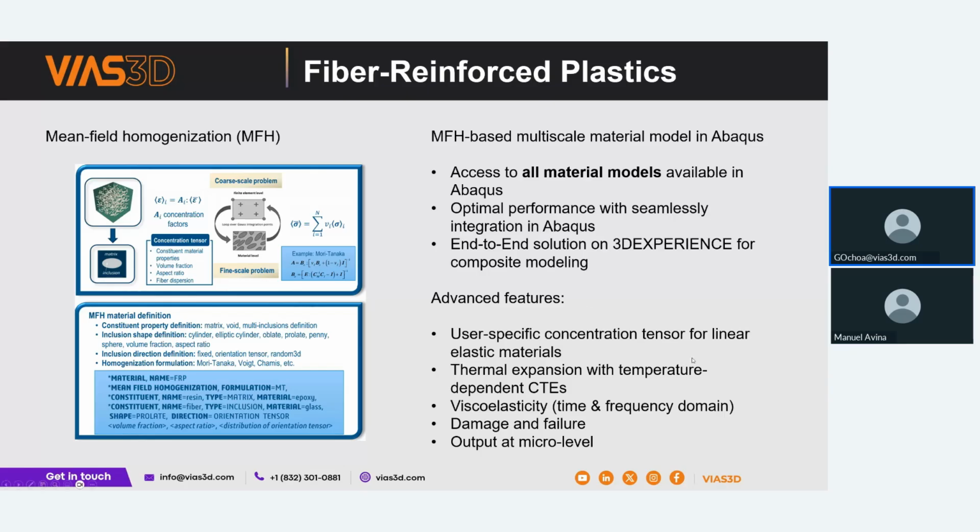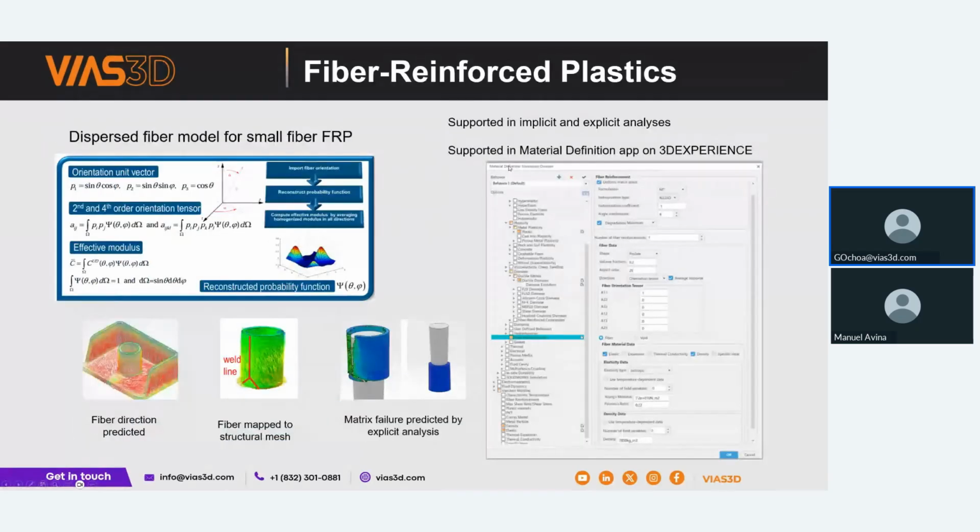Users could also define the thermal expansion with temperature-dependent coefficients. Viscoelasticity in the time and frequency domain could also be defined, as well as failure material models. And the output after the simulation can also be requested at the micro level. So that was regarding the mean field homogenization method.